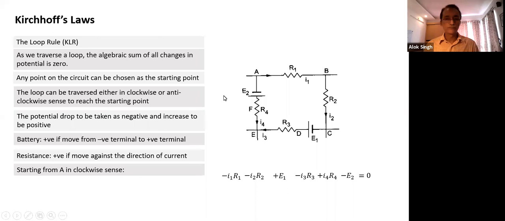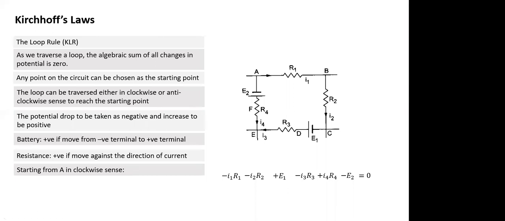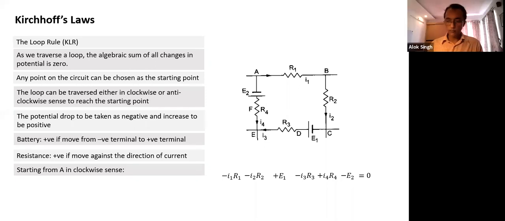Yes, Ashay. Sir, in such questions, the direction of current will already be given to us, right? See, as I mentioned earlier and you should always keep in mind, in many questions we start by marking the current distribution. Sometimes it's not possible to guess, and there's no need to guess. We distribute the current in accordance with the junction rule, and after distribution we apply the equation as per the sign convention we assumed.